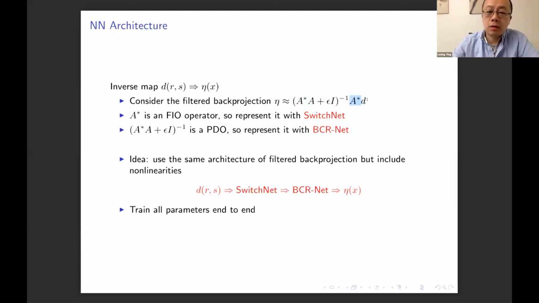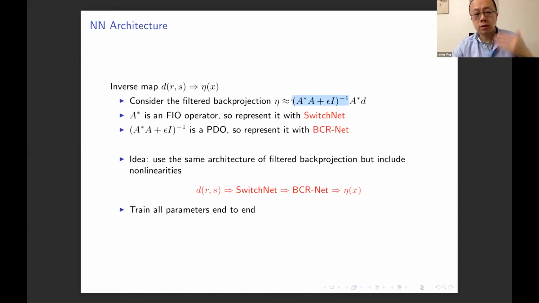Now, motivated by this simple formula, let's take a look at how we can design a neural network architecture for the inverse problem. The idea is rather simple. You take your data D, and the first thing you do is apply A star. As we said, A star is the adjoint operator, so it can be represented by the SwitchNet. Then you apply the inverse of the normal operator.